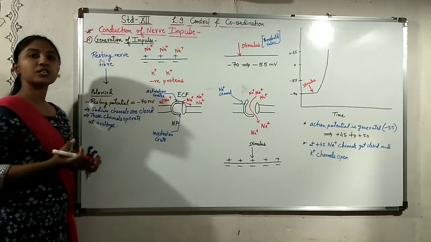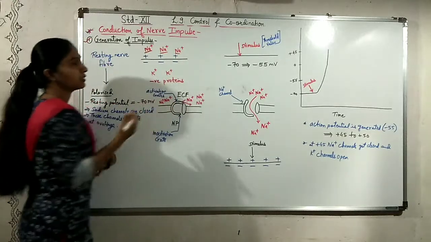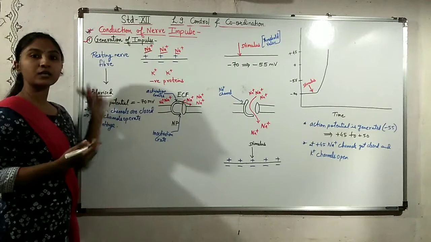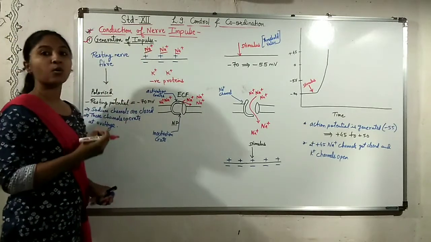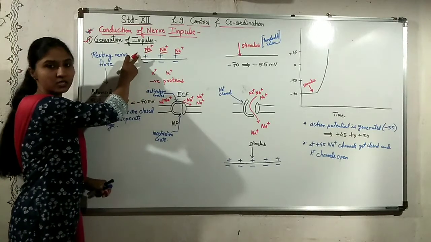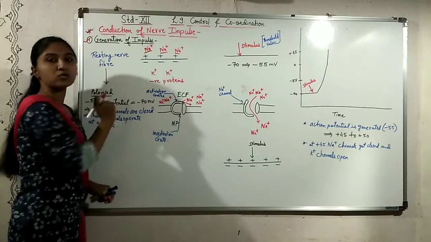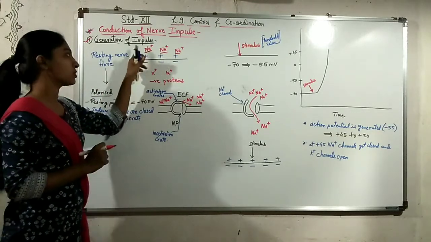These charges are because of the sodium ions, which are present in more quantity outside the neurolemma. The positive charge on the outer side of the membrane is because of the higher sodium ion concentration.